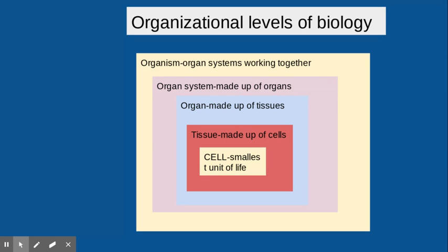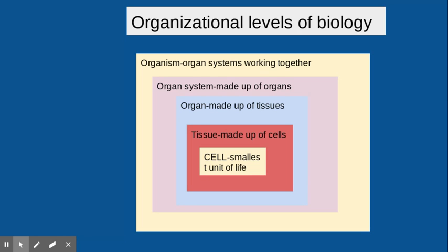Your heart is an organ. Your skin is an organ. Let's see what else. Oh, one question that's always on the CBA about organs. Plants have organs too, like the plant leaf is an organ. So it's not just animals that have these levels of organization. It's plants and animals. Organ systems. So our heart is part of a circulatory system.